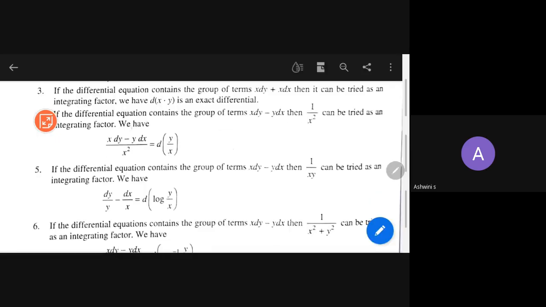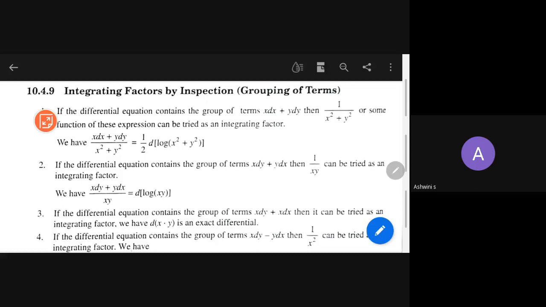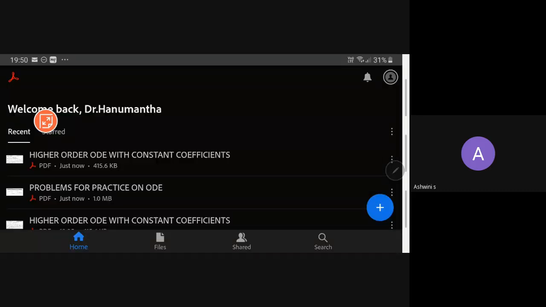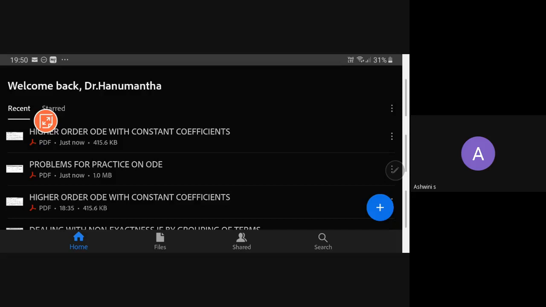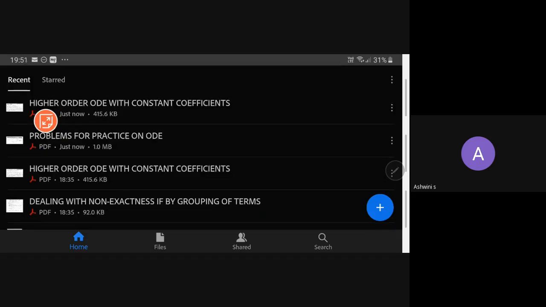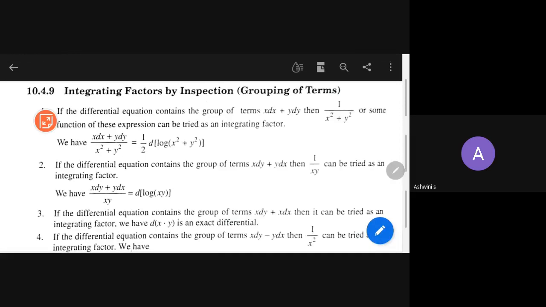The title is "Dealing with non-exactness by grouping of terms". That is the title of the document I have shared in the Google Drive, and this is all about first order.